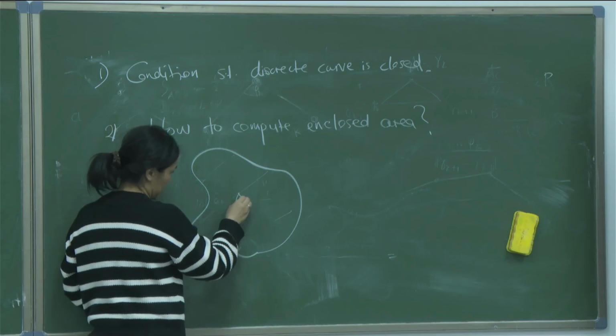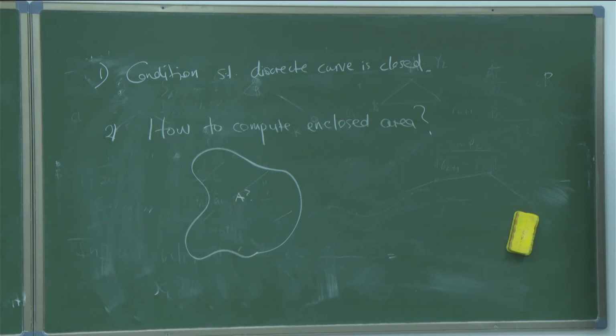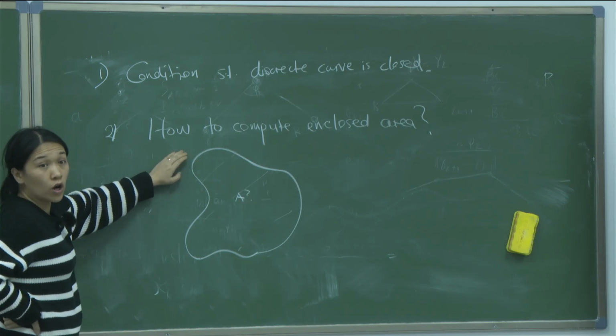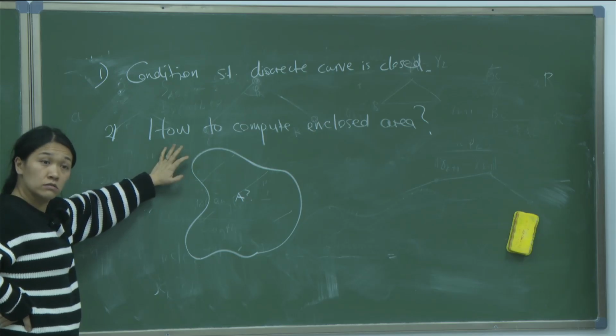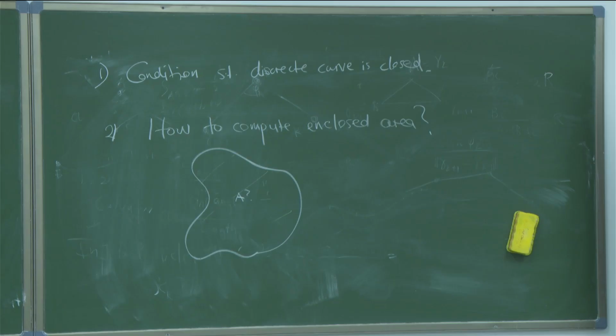So this is A here. I mean, the second one you can do for discrete or smooth, right? Do either one if you like.